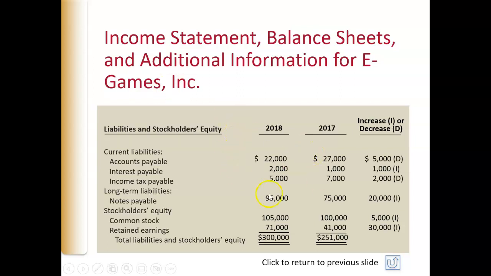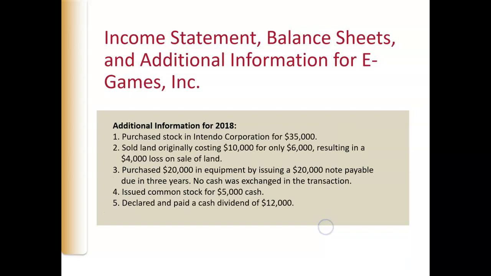Then we have our common stock increased, and our retained earnings increased because we had net income and we probably paid some dividends out. Okay? So what I'm just trying to do is kind of go through this balance sheet and kind of explain so it makes a little more sense to you.